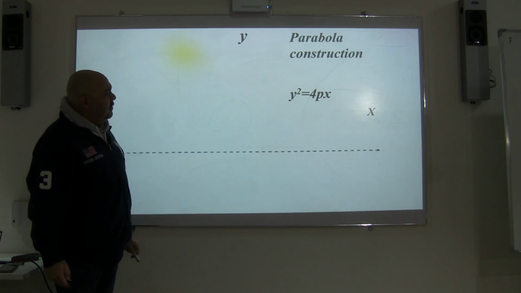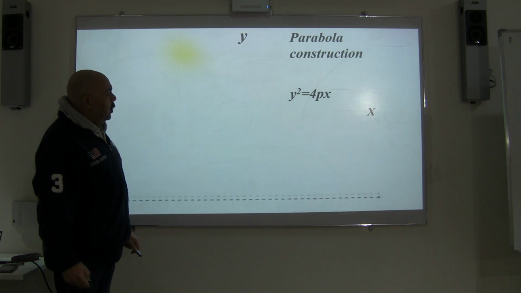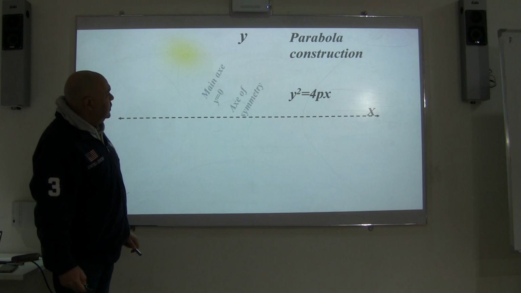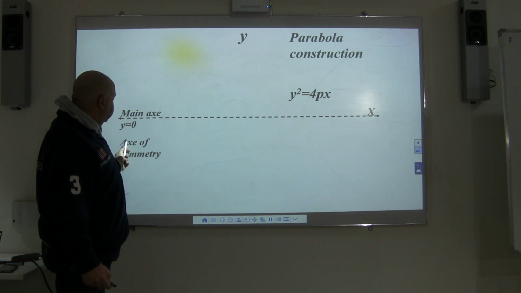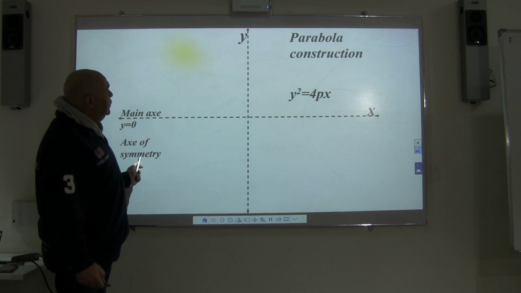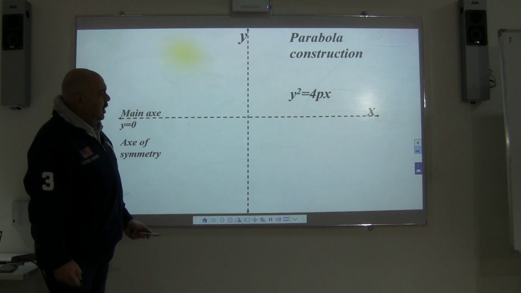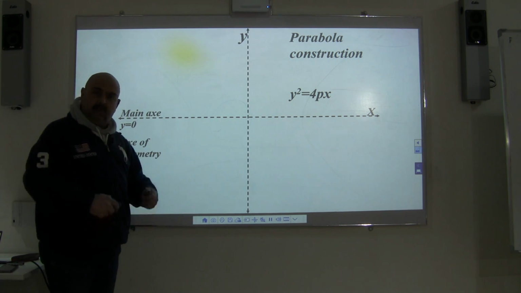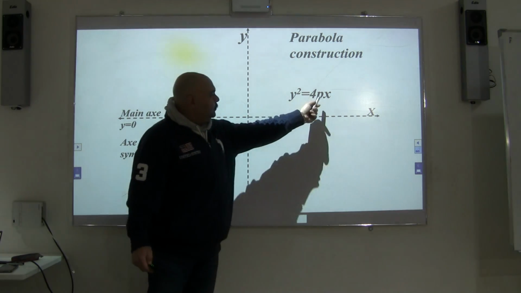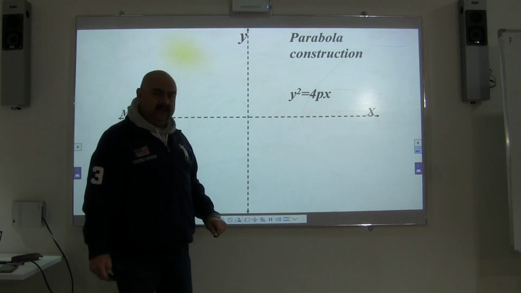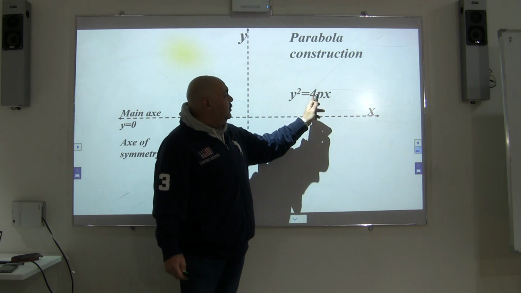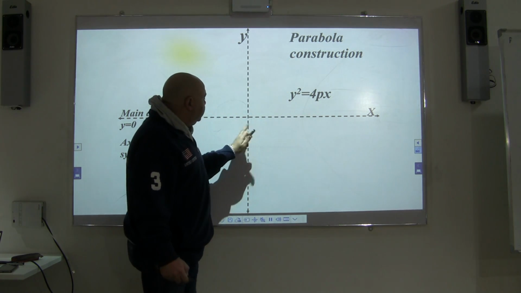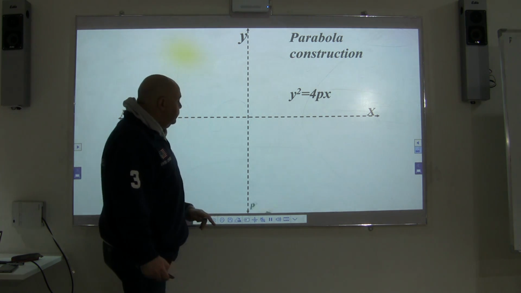For this one, the vertex will be the origin. So I'm going to draw the x-axis, and this is going to be the main axis, y equals 0. It's the axis of symmetry. And you will have y, and of course it's symmetric about the x-axis. If this number is 16, 64, whatever, I will divide it by 4, giving p, left or right, which is going to determine the focus.